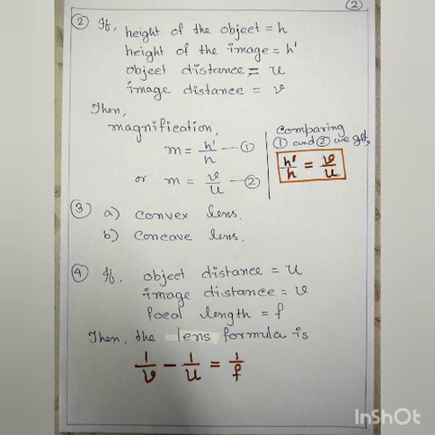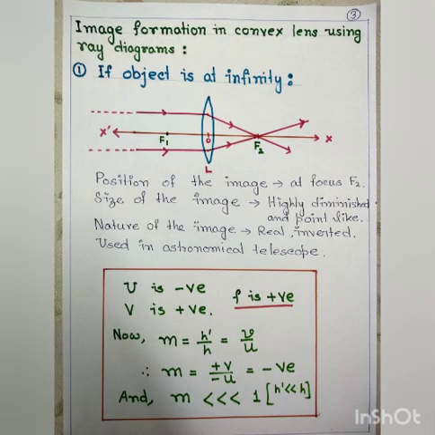Now let us start today's topic, image formation in a convex lens using ray diagrams. As you have already learned image formation by curved mirrors, the ray diagram for image formation by a lens will not be difficult for you. Let us consider the first situation when the object is at infinity.